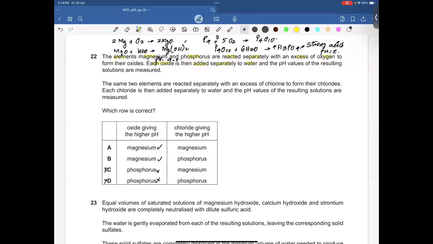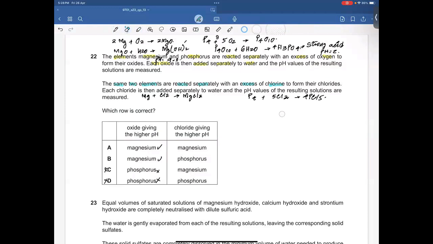Now let's read the remaining part of the question. The same two elements are reacted separately with excess chlorine. When magnesium reacts with chlorine, it is going to be converted into magnesium chloride. When phosphorus is reacted with chlorine, it is going to be converted into phosphorus pentachloride.